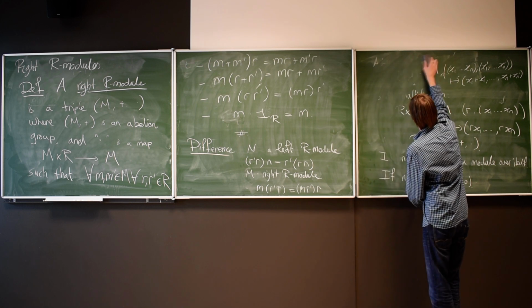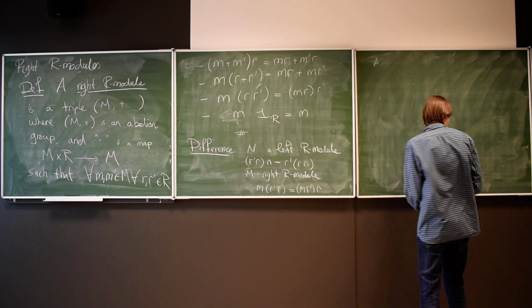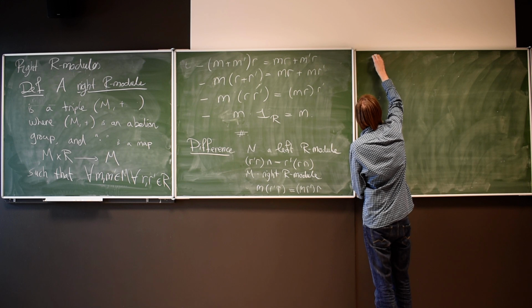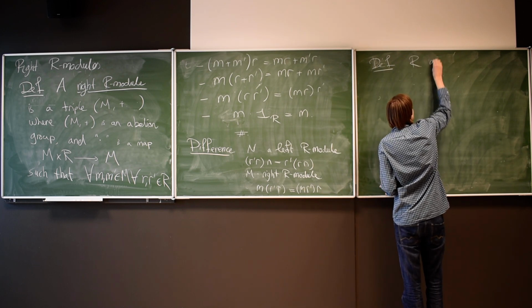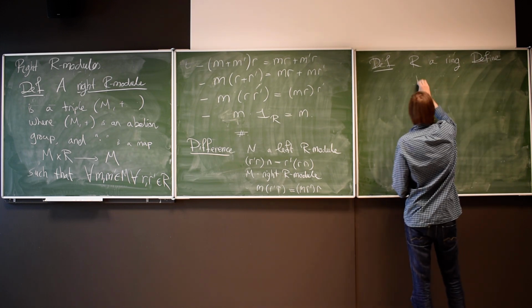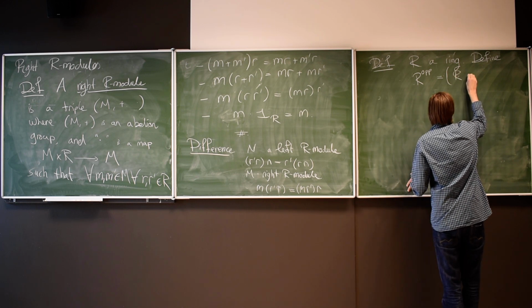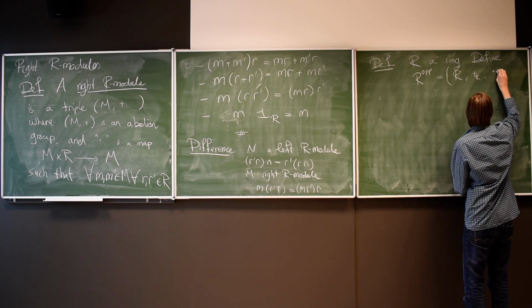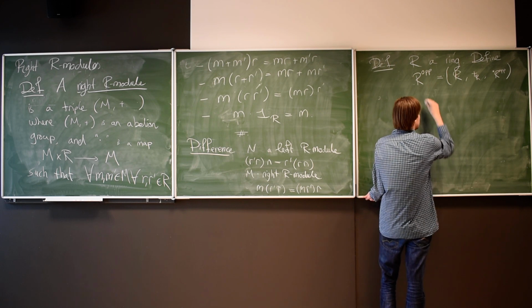Another way, so you can relate them. So when given a ring R, definition: say R is a ring, I define R op to be the ring whose underlying set is just R, and I just take for the addition operation the usual addition from R, but I define a new multiplication just by doing the product of R, but in the opposite way.